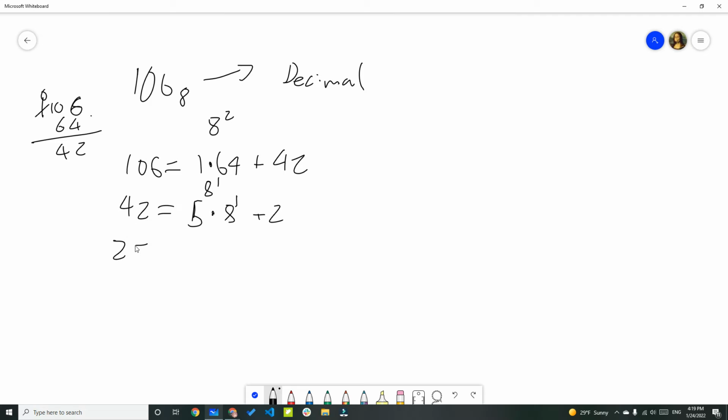And then 2 is 2 times 8 to the power 0. You put them all together, and that's 152. And you have your answer, 152 in decimal.